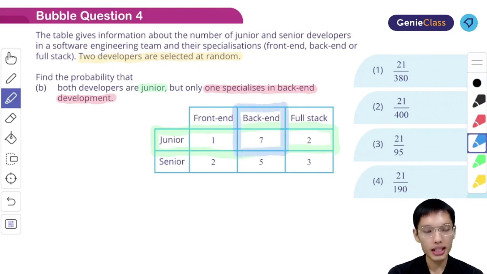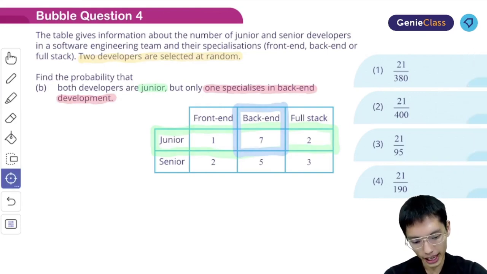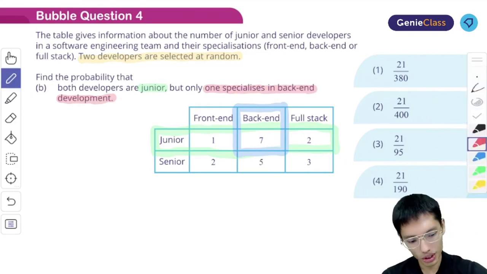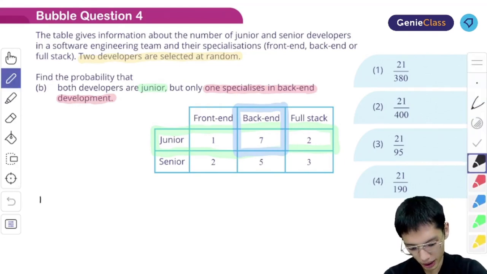So junior, let's take a close look. I want junior developers. So how many junior developers? And one of them must be backend. We want one backend. Always remember, suppose the first one we select is the backend one.